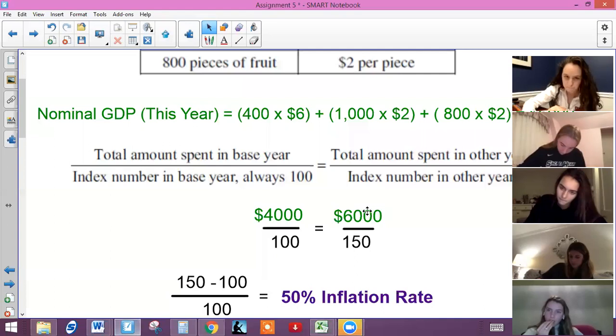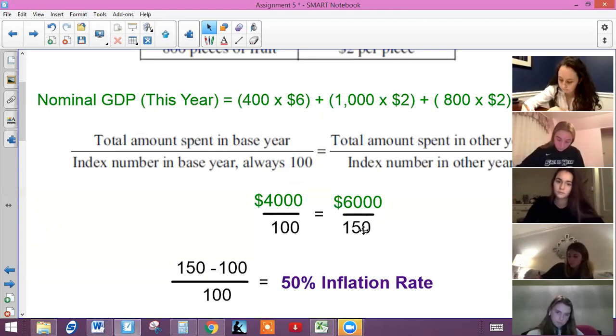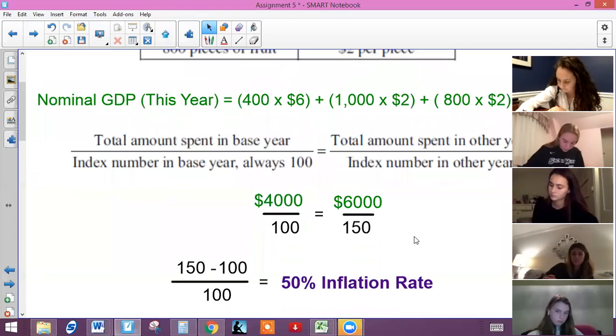So what we do is we simply use this relationship right here, and we say, okay, the index went from 100 to 150, and we know that the GDP this year is 6,000, so the GDP in the base year has to be 4,000 for this ratio to be an equality.